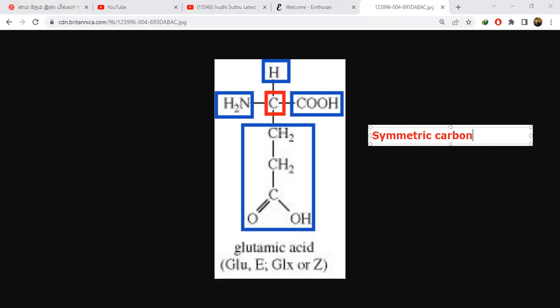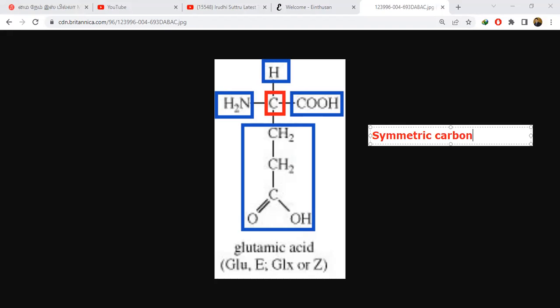In your chemistry lessons, there is a section called organic chemistry, one of the biggest sections in chemistry. Your chemistry sir will teach you in full detail why it is asymmetric, why it is symmetric, what symmetric can do, what asymmetric can do.